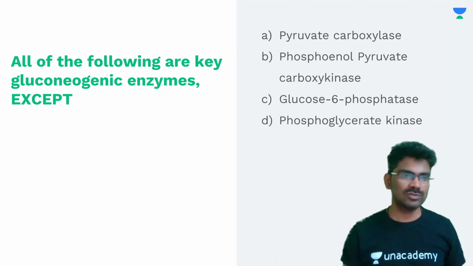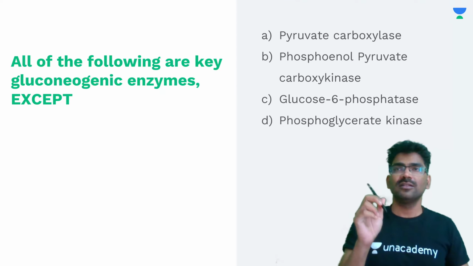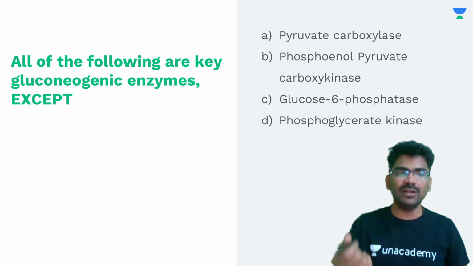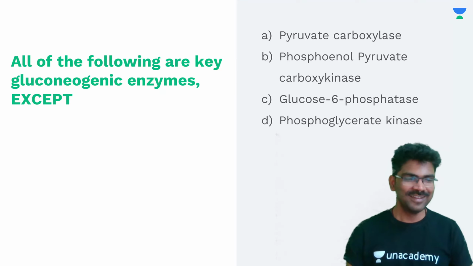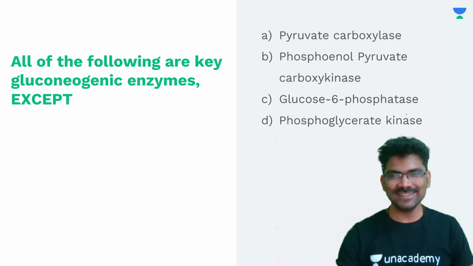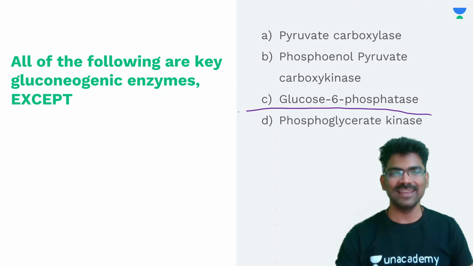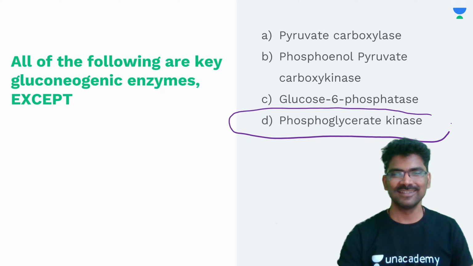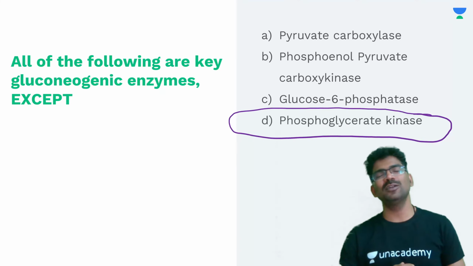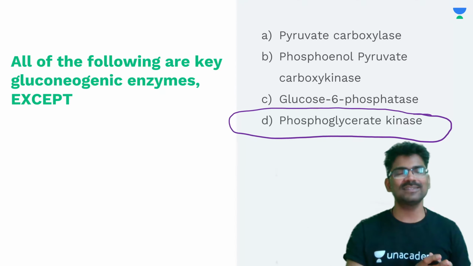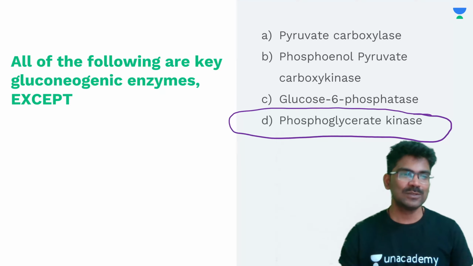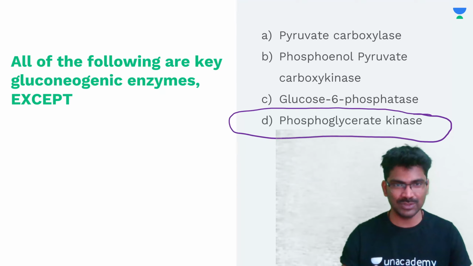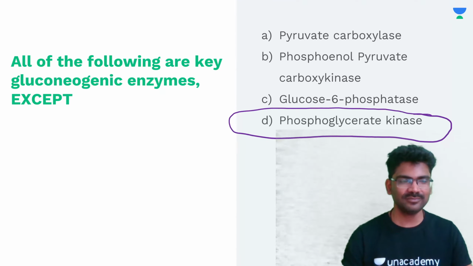So key gluconeogenic enzymes are involved in gluconeogenesis but not in glycolysis. So the answer is phosphoglycerate kinase, because this enzyme is involved both in glycolysis and gluconeogenesis. So it is not a key gluconeogenic enzyme.